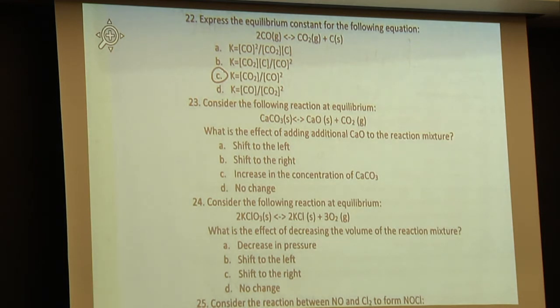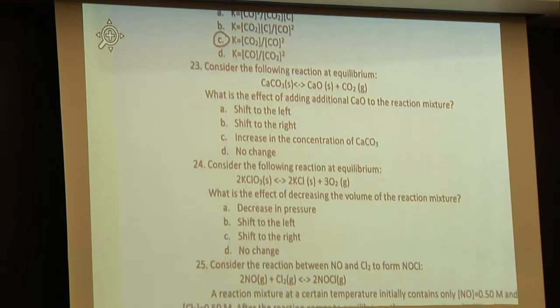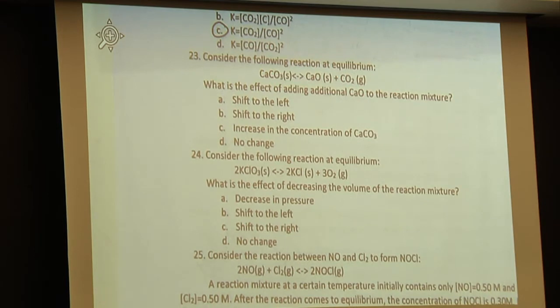Okay, number 23. Consider the following reaction at equilibrium. What is the effect of adding additional CaO to the reaction mixture? What's the answer? Is it A? Okay, let's go back to Kahoot.